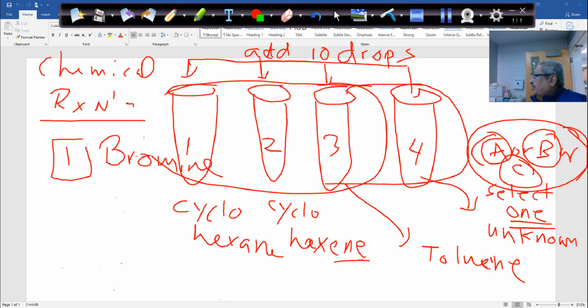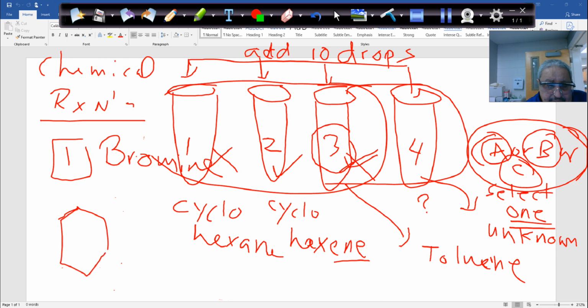Bromine is a dark purple liquid. I don't know what will happen to your unknown, but the only one that will have a reaction is cyclohexene. Toluene, no reaction. Cyclohexene, there is a reaction. Cyclohexane, no reaction. So bromine will go from purple to colorless only with cyclohexene.